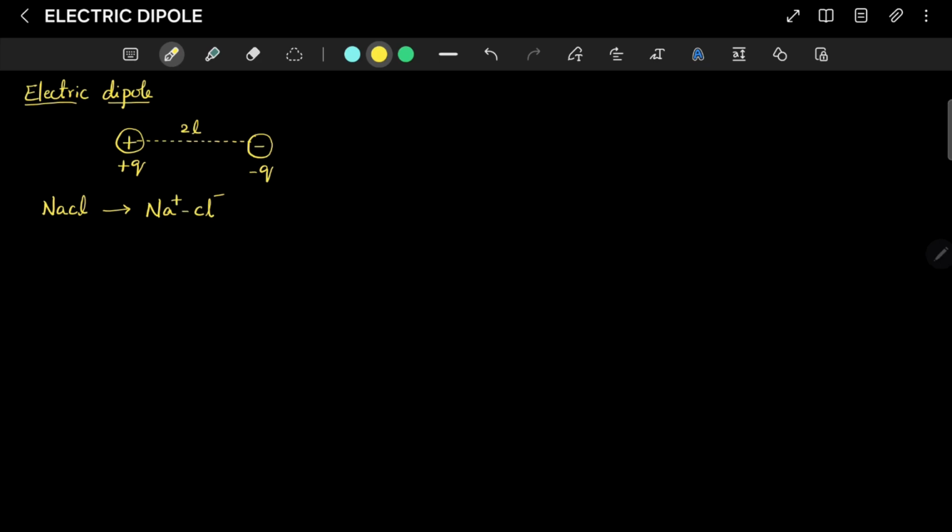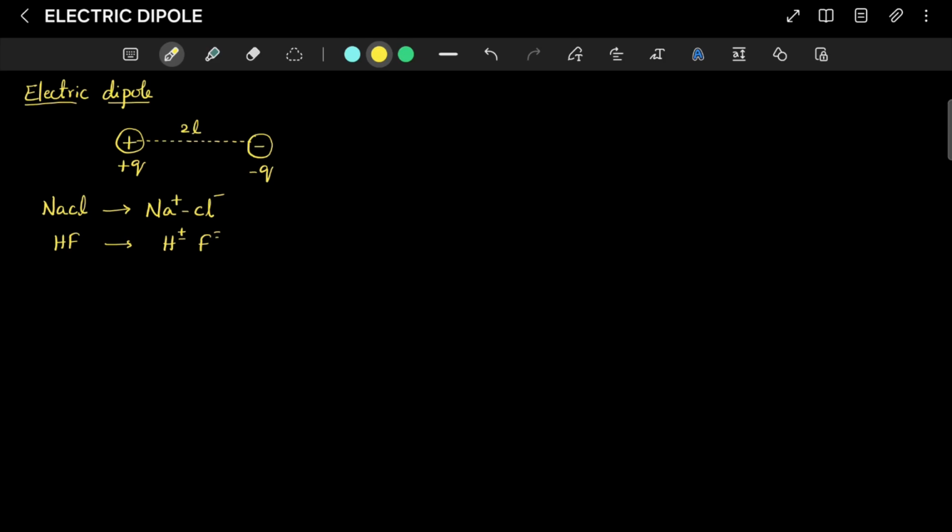So NaCl is a kind of dipole. Otherwise, you can take HCl or HF, hydrogen fluoride. It will be H plus and F minus, positive charge and negative charge, both equal and opposite. So this we call an electric dipole.